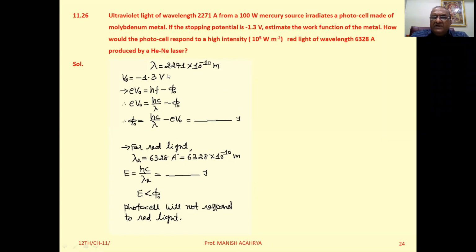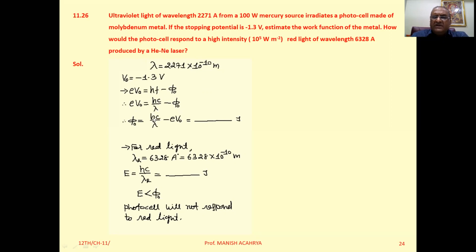Now see, initially lambda given to you, that is 2271 angstrom, that is 2271 into 10 raised to minus 10 meter. Stopping potential, that is 1.3 volt. Now we have equation eV0 equals hf minus phi0. So eV0, that is hc by lambda minus phi0. We want to calculate work function.